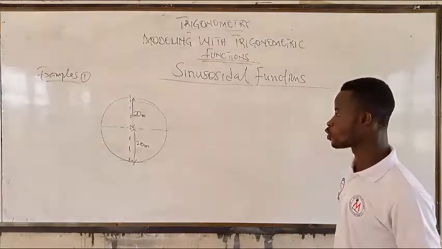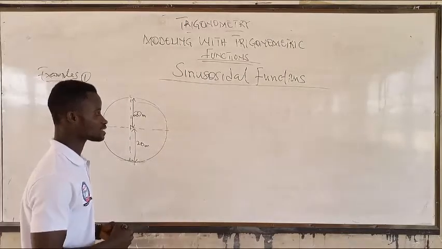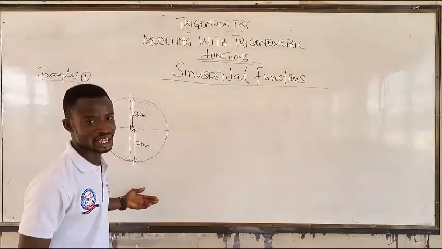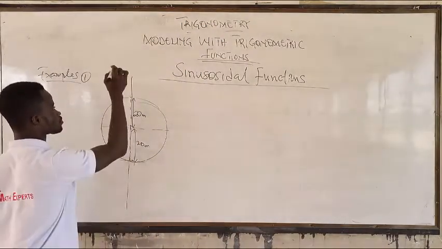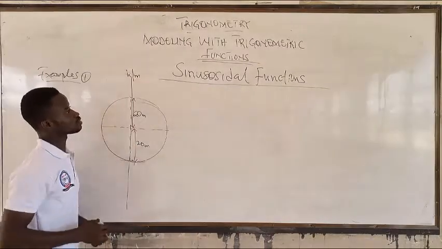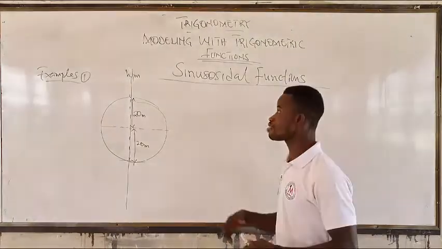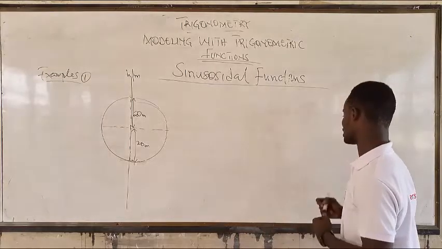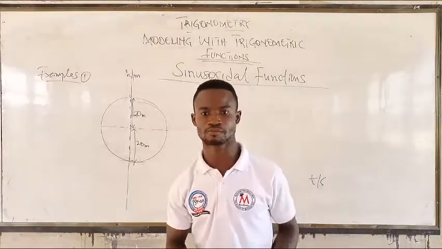The revolution is the one that goes around the axis. So on this axis we are going to have meters, because we are dealing with height, and on this side is going to be time in seconds. But before you bring that, let's continue to read and see.